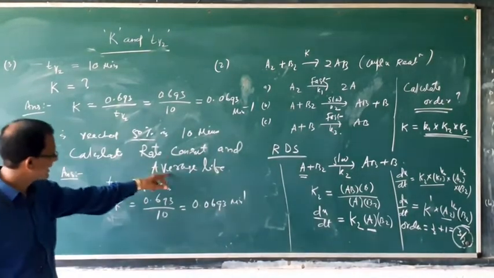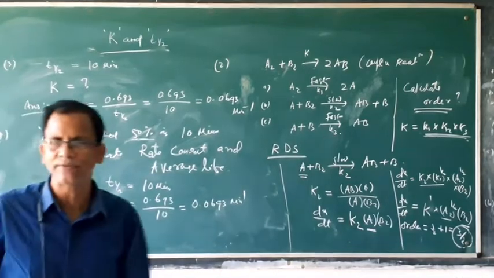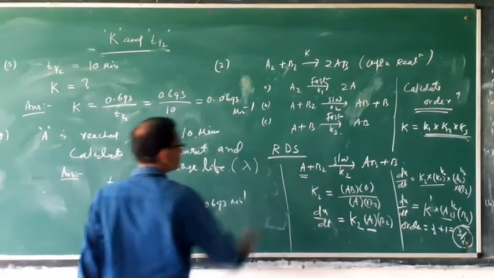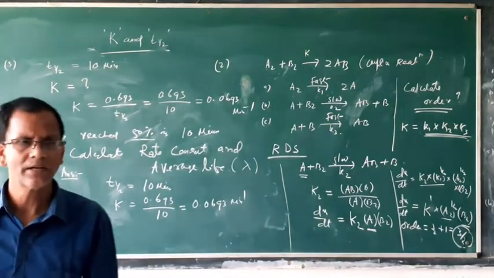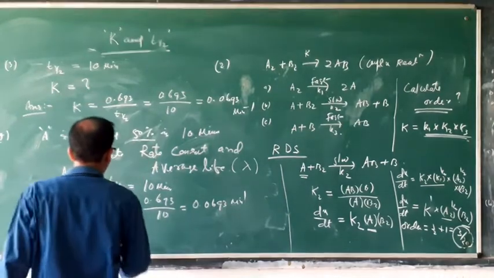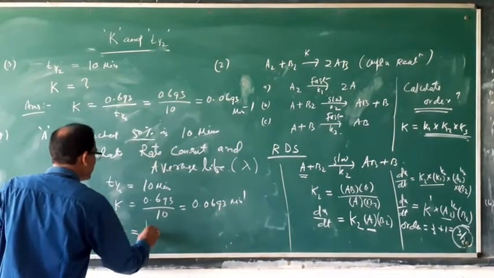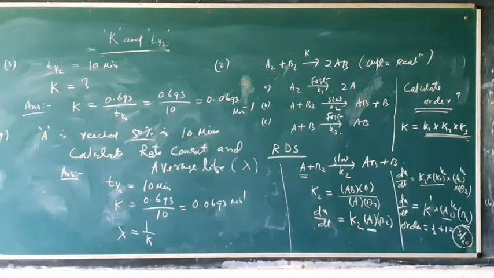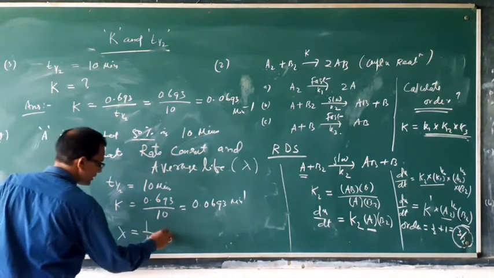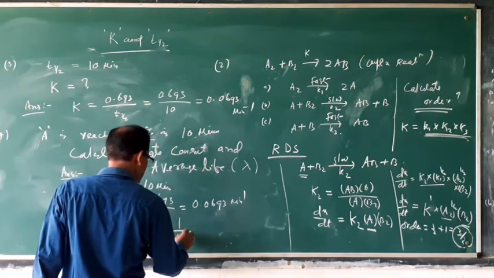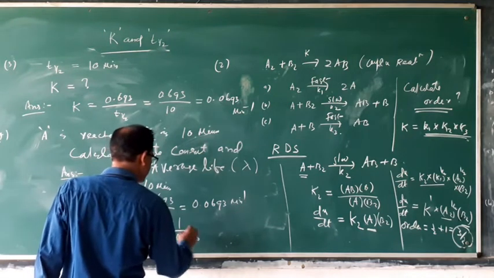But second question, calculate average life. Average life symbol is lambda. The lambda is equal to 1 by K, which means reciprocal of rate constant. Reciprocal of rate constant means 1 by 0.0693.